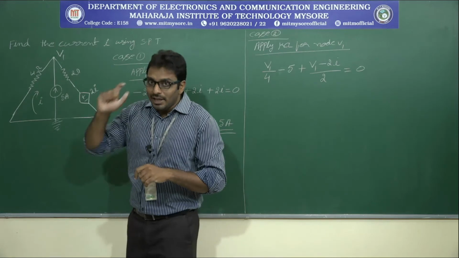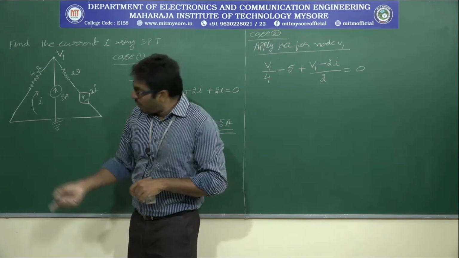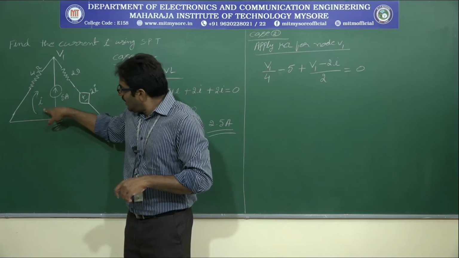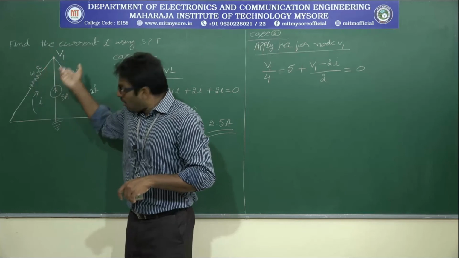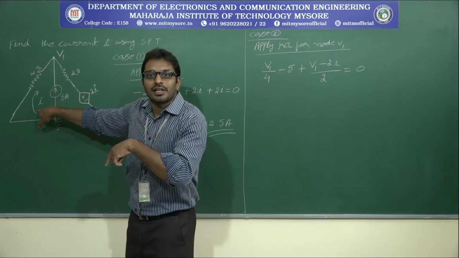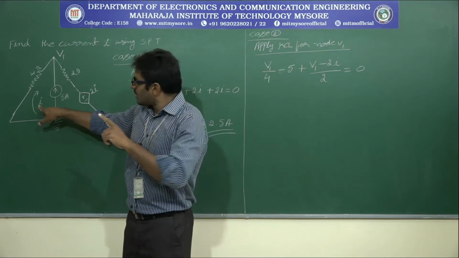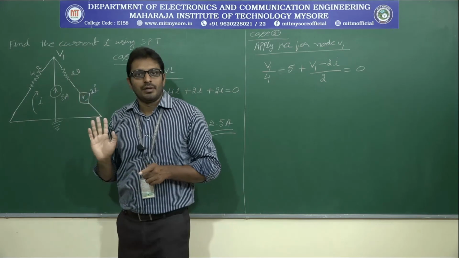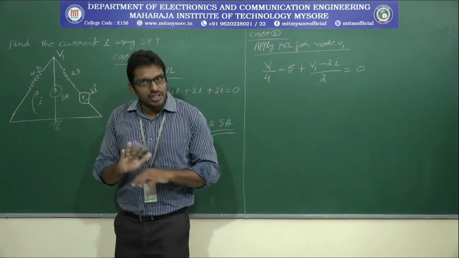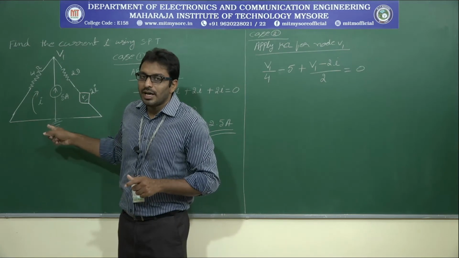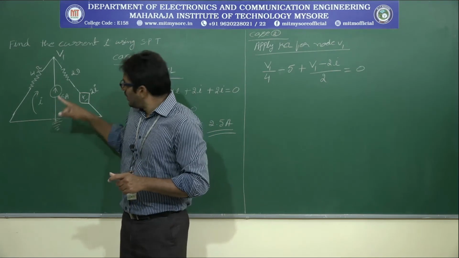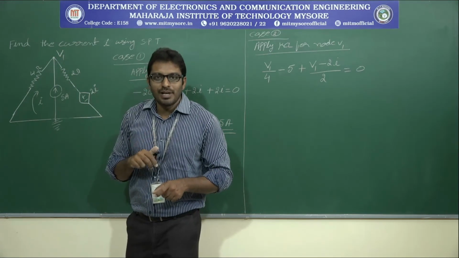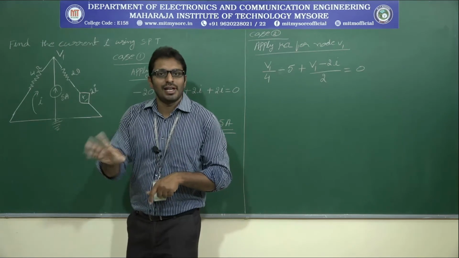But in the question, find I for the given direction, the clockwise direction. With respect to this direction, current is flowing from 0 to V1. But current always flows from higher potential to lower potential, so according to this direction we will get negative. If our assumed direction is opposite to the exact direction, we will get negative.